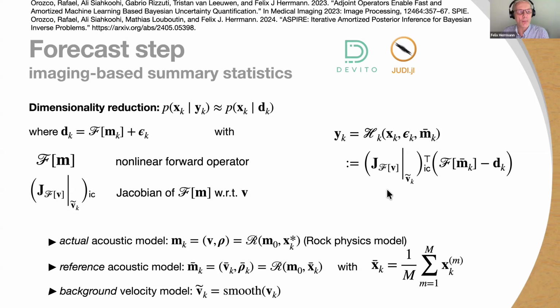I refer to our paper for how this really works. It's a little bit too much detail for this presentation. But the idea is that we take data and map it back to images of the time-lapse differences, which are the differences in the plume that are induced by the flow and injection of CO2.